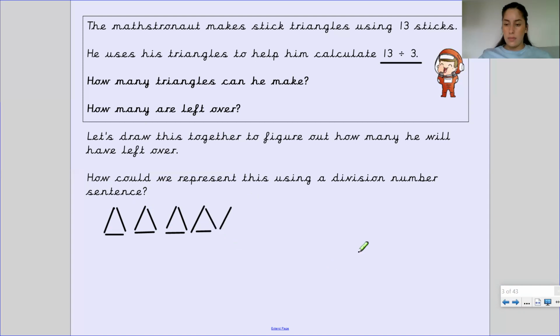Okay, I've used all my 13 sticks. Now pause the video. How many triangles have I been able to make with the 13 sticks, and how many do I have left over? Based on how we represented the answer in the previous slide, can you have a go at writing a division number sentence and representing the answer? Then play the video when you're ready.